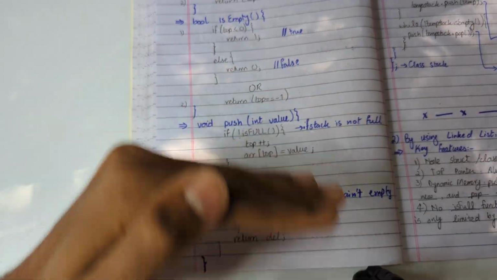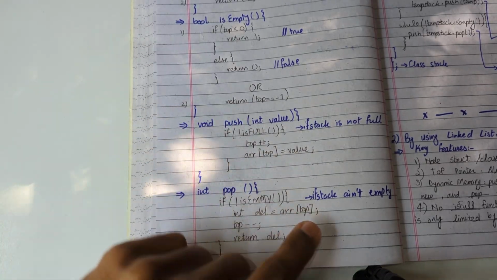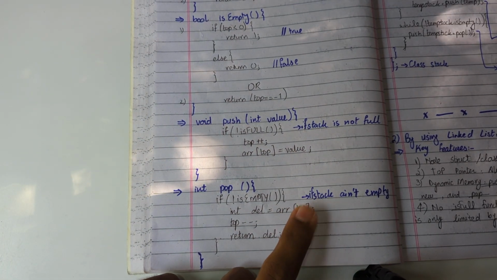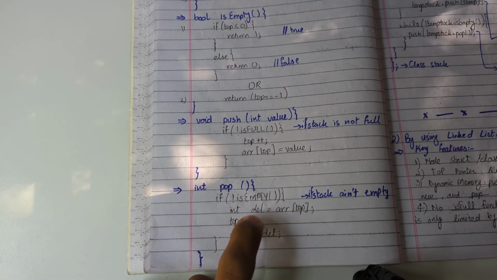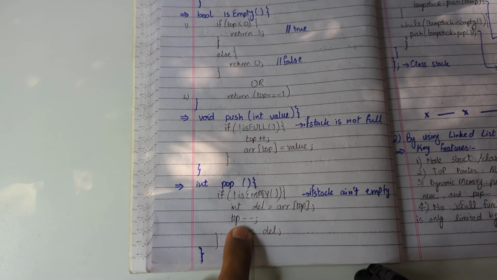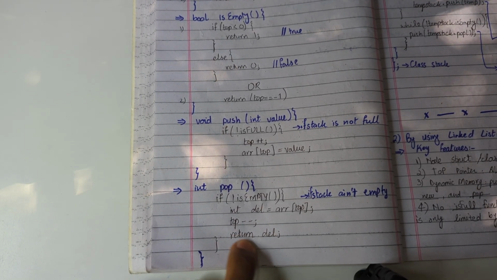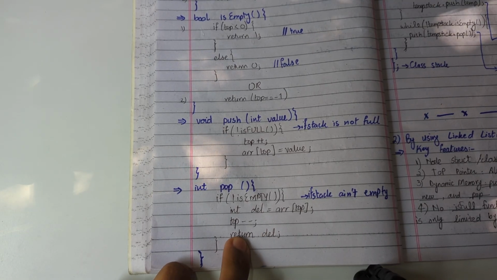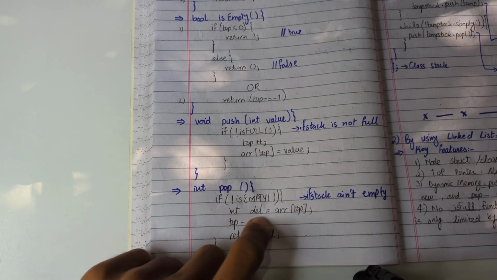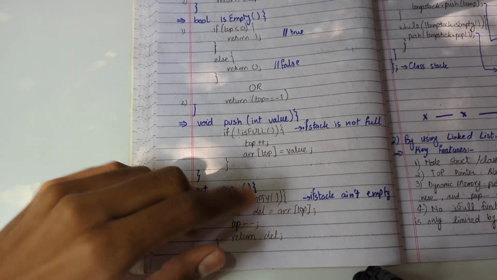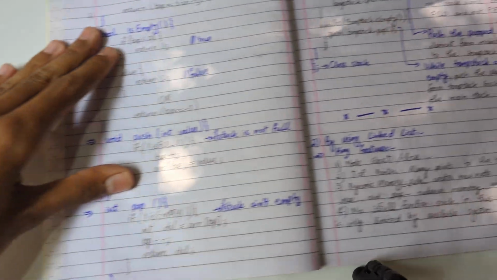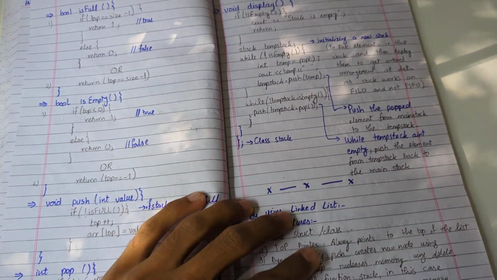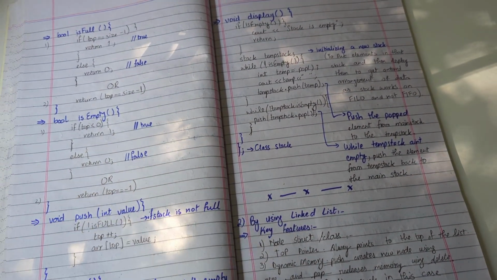We store the data that is on top of the stack into that newly made variable, then we decrement top, and as we want to pop the topmost element, we just return the data that we stored in the variable. So that was the main basic functions of a stack.